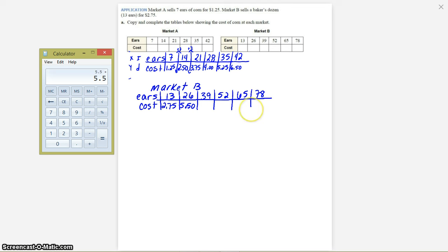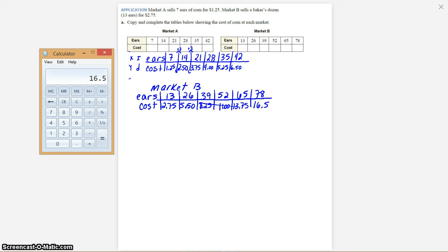I'm going to add another 2.75, and that's 8.25, and another 2.75, and it's going to be $11 even. I can add that in my head: 13.75. And the last one is 16.50.